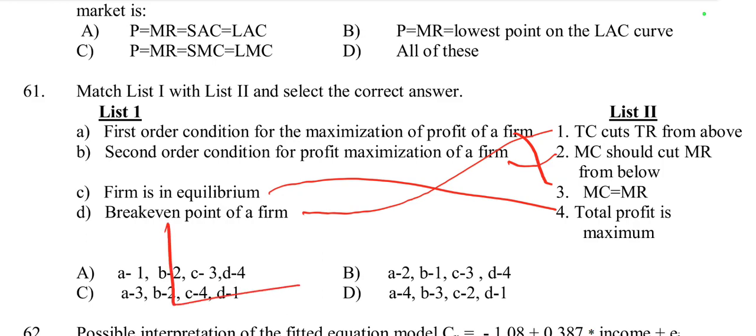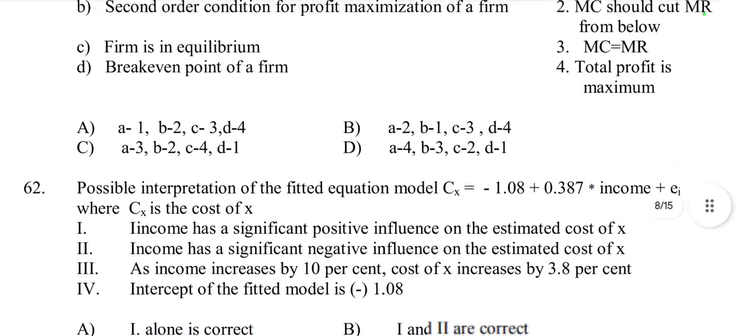Here you can see TR and TC. This is TR and this is TC. So TC cuts TR from above. This is called the break even point. So here A3 B2 C4 D1, option number C, 61C.